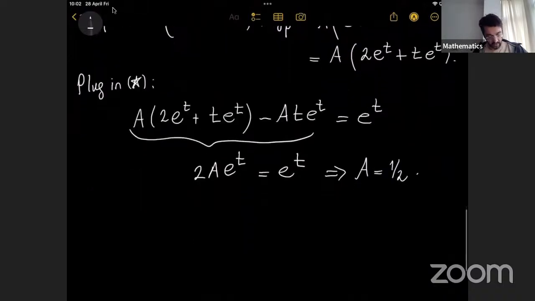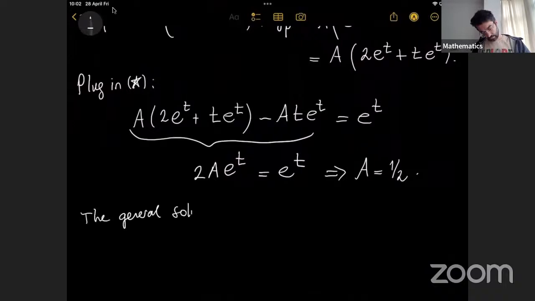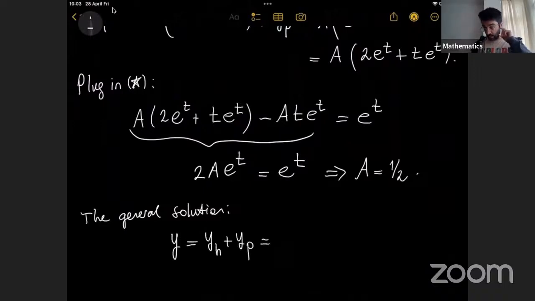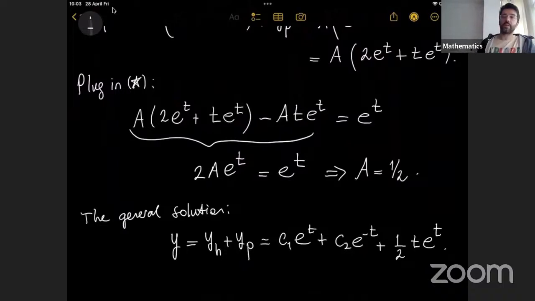So the general solution again, y is equal to yh plus yp. Yh was c1 e to the t plus c2 e to the minus t plus the particular solution. It's 1/2 t e to the t. Okay.